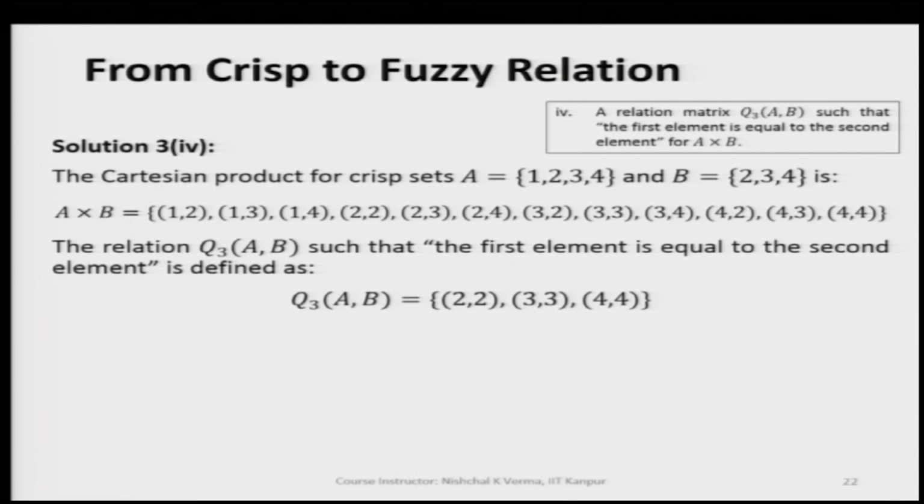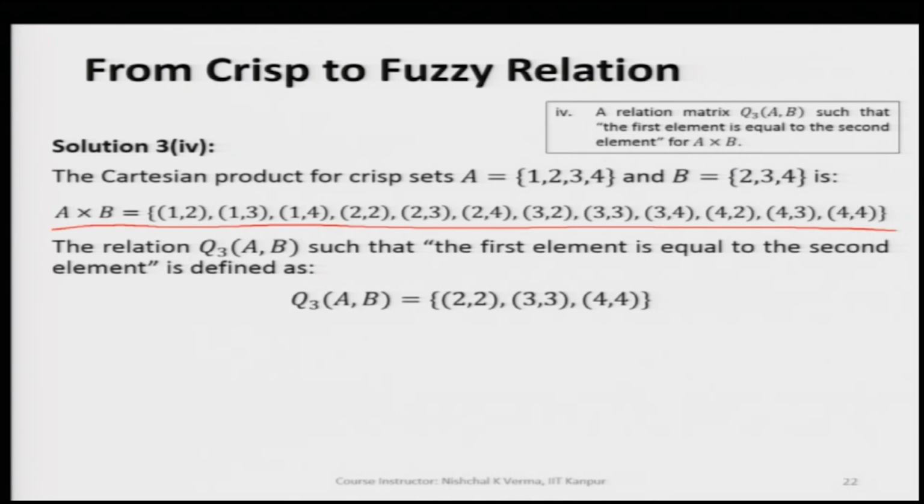And now we have to find Q 3 A comma B based on the condition that the first element is equal to the second element. Since we already have the Cartesian product of set A and set B, we apply the given condition, which is that the first element is equal to the second element.